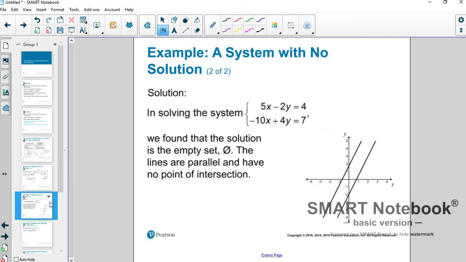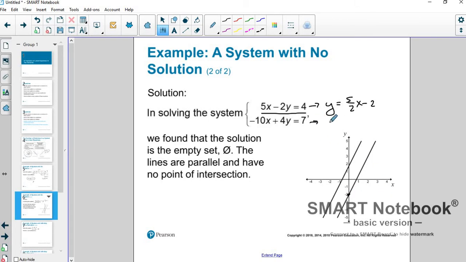And so what's happening here is when you graph this line, if I solve this for y, I get y equals 5 halves x minus 2, which is this line right here.